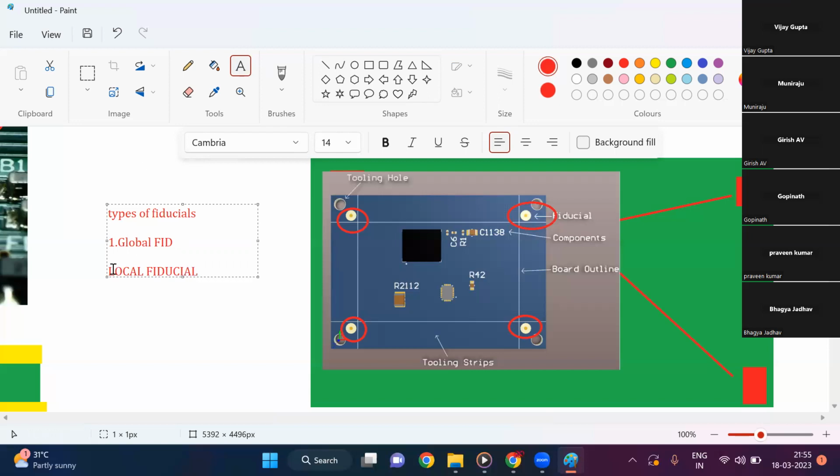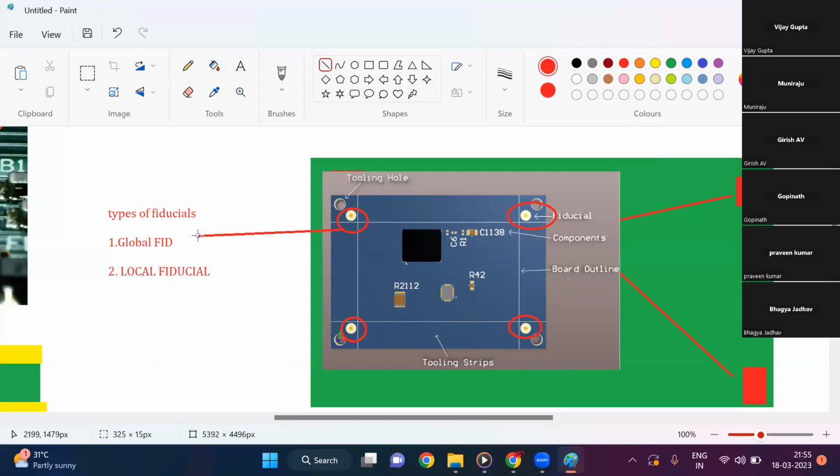Global means full PCBs. You see here the fiducial which is used for the full PCBs. Okay, so this is the type of global fiducial. These four are types of global fiducial. All of these are types of global fiducial. Okay, global fiducials are used for the whole PCB.